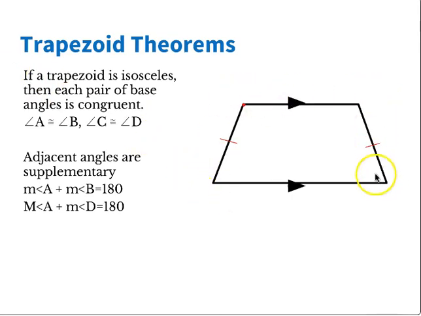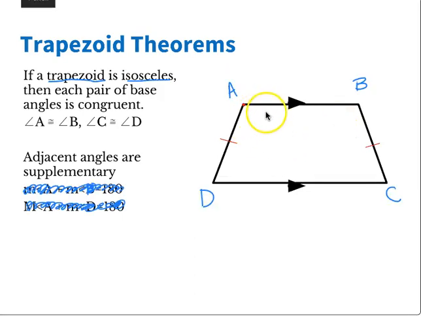We've talked about the sides of trapezoids, but now let's talk about the angles of trapezoids. So if a trapezoid is isosceles, and this trapezoid is isosceles, how do I know that? Well, there's a tick here and a tick here, which lets me know that these two sides are congruent. So if we have an isosceles trapezoid, then each pair of base angles will be congruent.